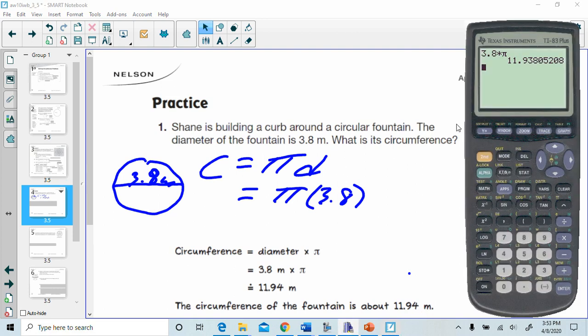However, if you don't have a pi button and multiply by 3.14, you would see that the 2 is not large enough to round the 3 up. So just be careful on if you're using a pi button or not in this case. With the pi button, 11.94. Without the pi button, 11.93. So just go by what your question is telling you to do.